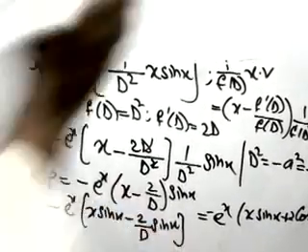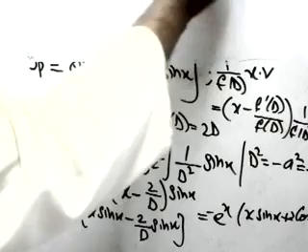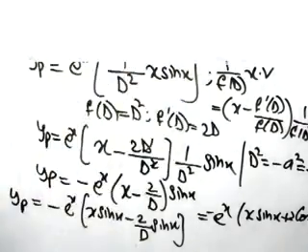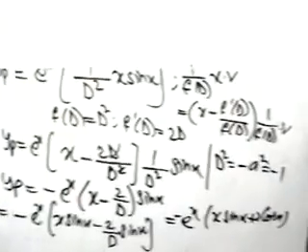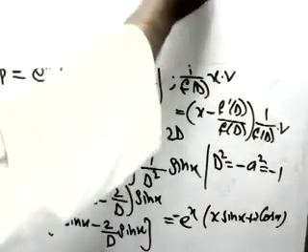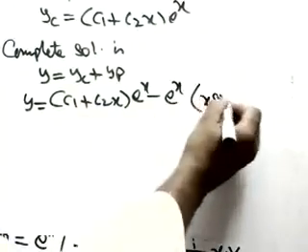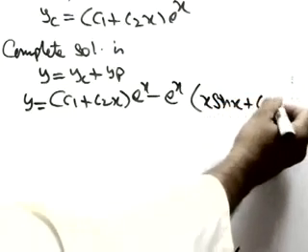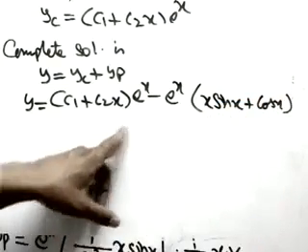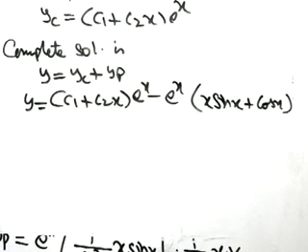Yp, we just got this answer: minus e^x into x sin x plus cos x. If you want to solve one more step, you can take e^x common. So this is the solution.